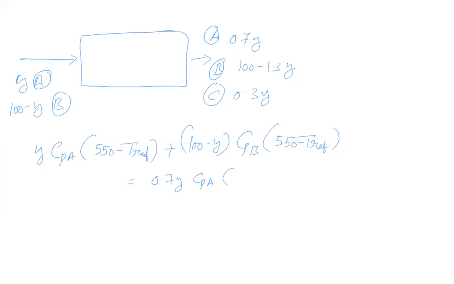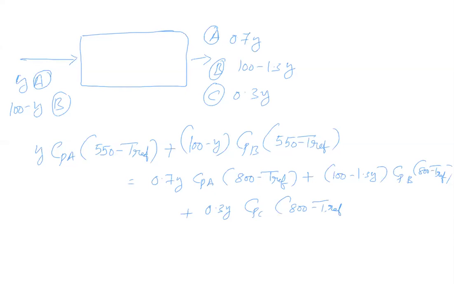T outlet and CSTR temperature will both be the same, no? 800 minus T reference, plus 100 minus 1.3 Y into Cp of B into 800 minus T reference, plus 0.3 Y into Cp of C into 800 minus T reference, plus delta HR. What is the delta HR given?